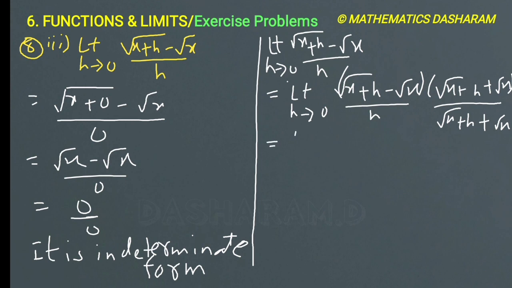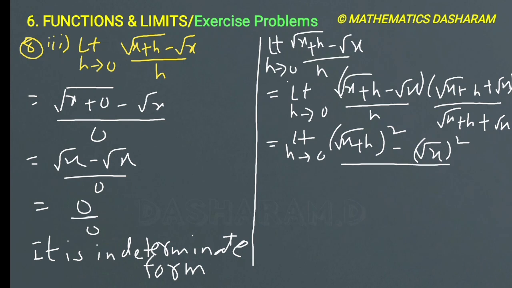So now limit h tends to 0. Here a minus b into a plus b equals what? A square minus b square. So then under root x plus h whole square minus root x whole square, divided by h into (under root x plus h plus root x).